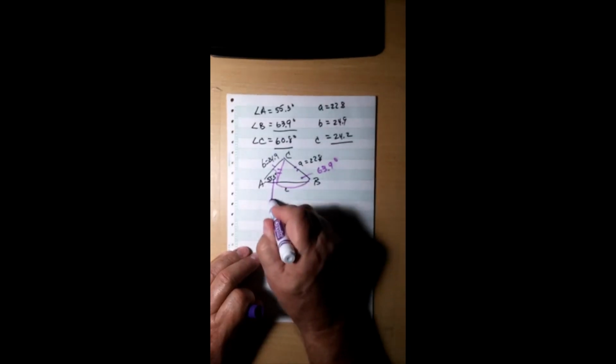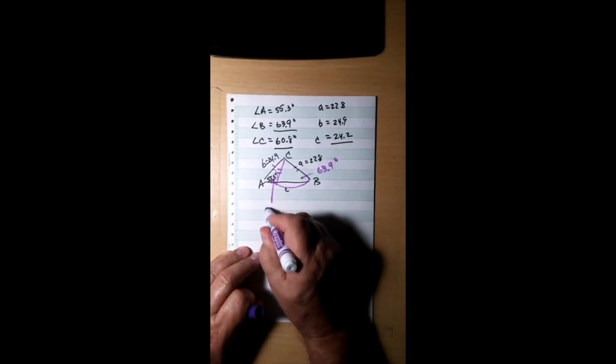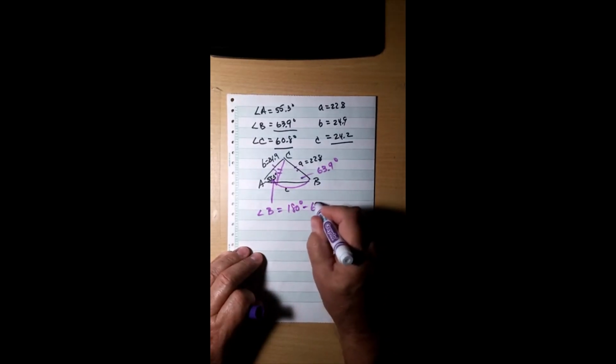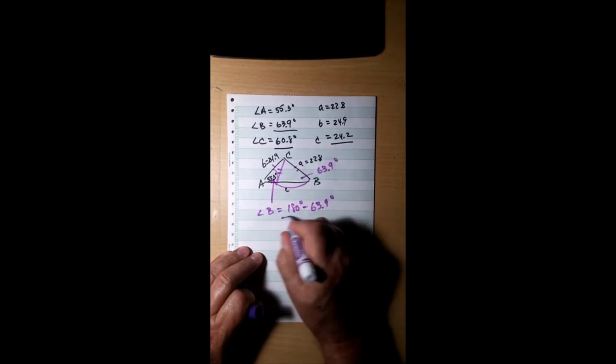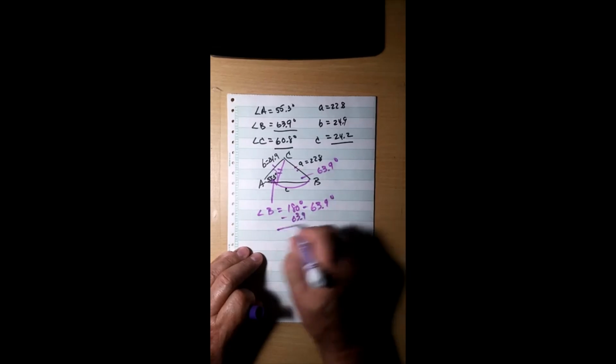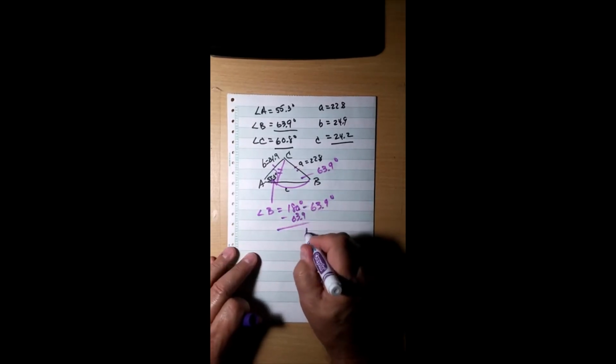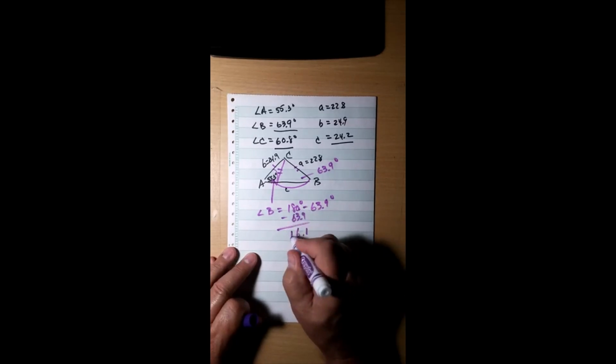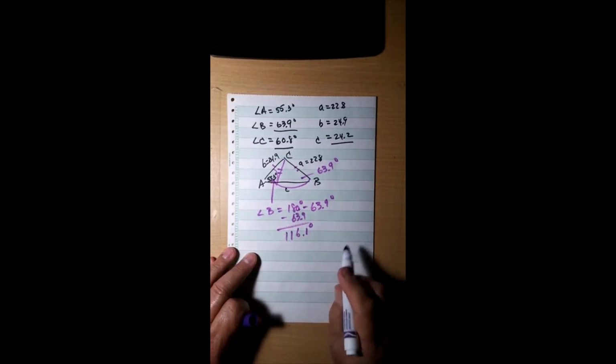The new angle B has got to be 180 minus 63.9 degrees. So 10 minus 9 is 1, 9 minus 3 is 6, 7 minus 6 is 1, 116.1.